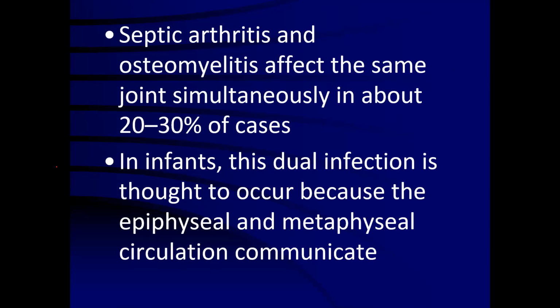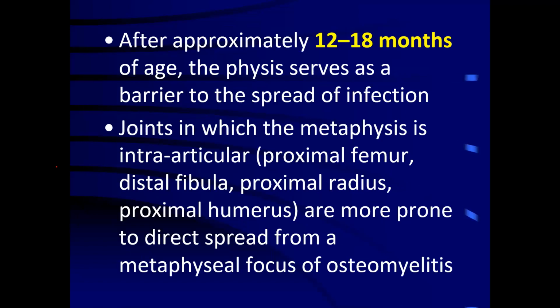In infants, this dual infection is thought to occur because the epiphyseal and metaphyseal circulation communicate. After approximately 12 to 18 months of age, the physis serves as a barrier to spread of infection. Joints in which the metaphysis is intra-articular, proximal femur, are more prone to direct spread from a metaphyseal focus of osteomyelitis.